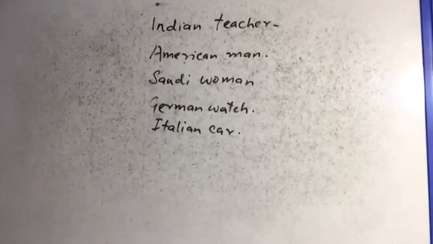Now, if I say German watch, how do you say German? First, you have to write Germany in Arabic. Germany is written as Almania.